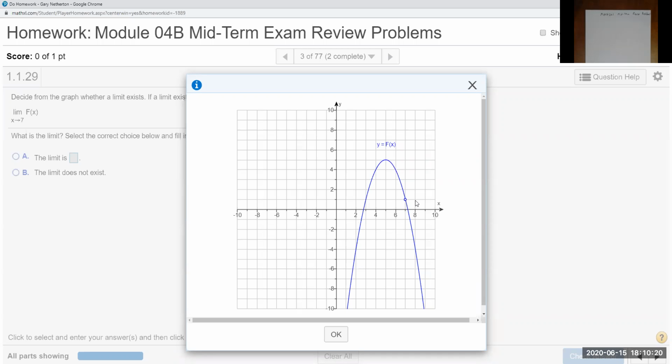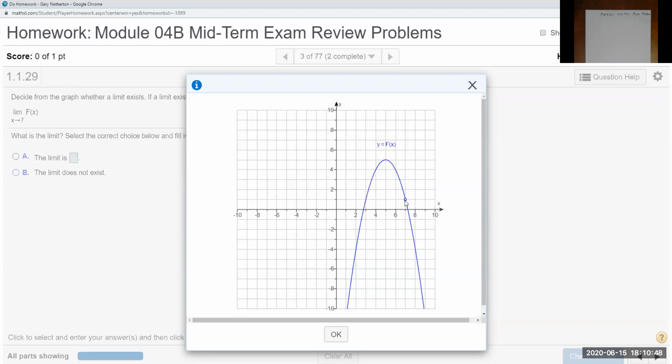So what's interesting is, for this graph, if someone says, what's the value of the function when x equals 7, you would say it doesn't exist because there's no point there. But if they say, and this is our actual question, what is the limit of the function as x approaches 7?